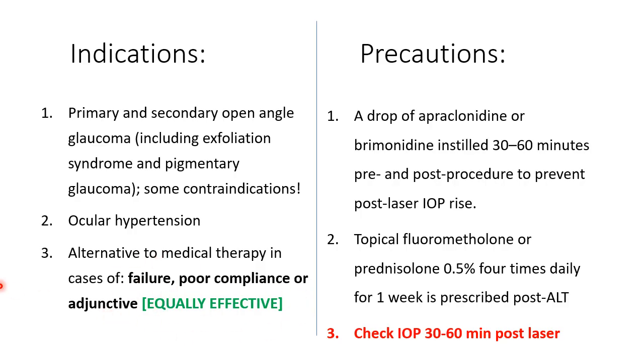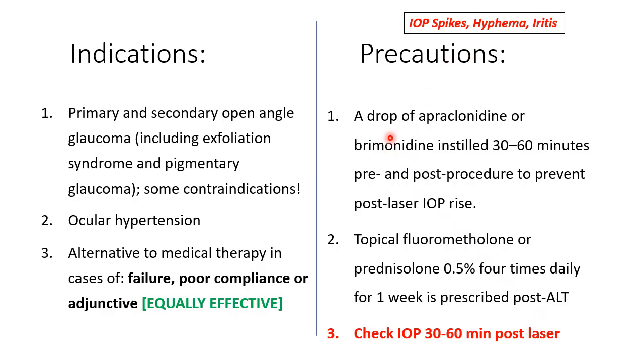And it is found to be equally effective to a monotherapy, right? Some precautions. These procedures are associated with a transient IOP spike, hyphema, and iritis, right? So you have to take care of these things. These are more so with the argon laser because of more thermal damage happening.